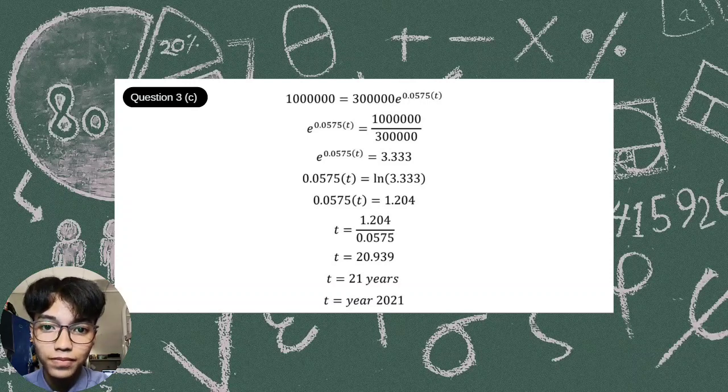So the final answer is the year 2021, when the population will reach 1 million.